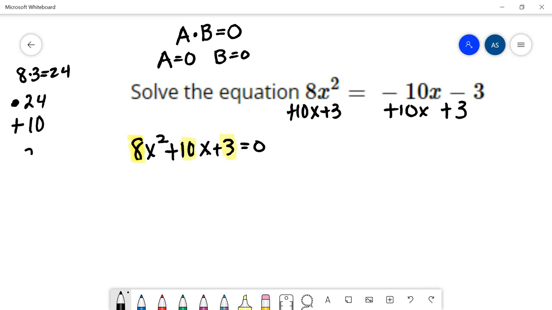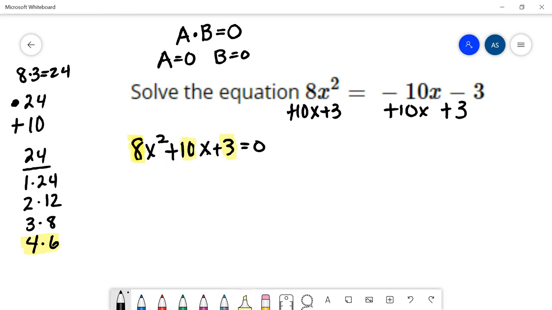So let's look at the factors of 24. 1 times 24, 2 times 12, 3 times 8, 4 times 6, and that's all the factors of 24. So we have 4 and 6, which add up to be 10. So these are my two numbers that multiply to be 24 and add to be 10.